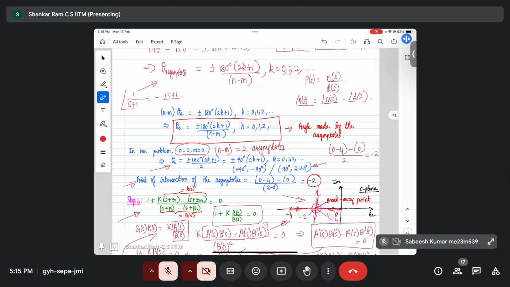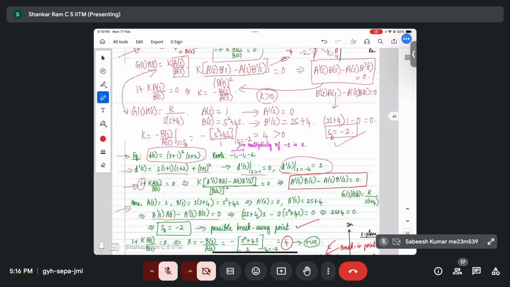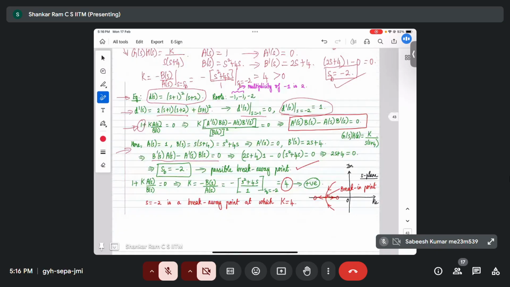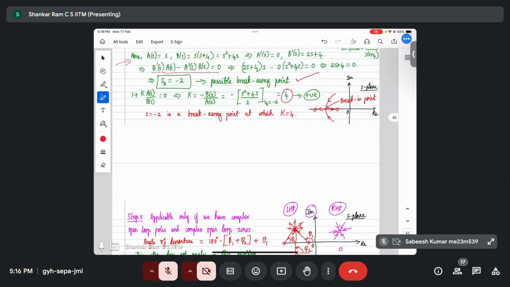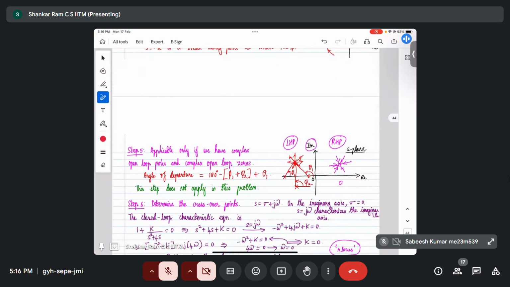I hope it's clear how we did this. Any questions on this fourth step, how to calculate breakaway and break-in points? We'll be doing more examples, and as we do, these things will become much clearer.